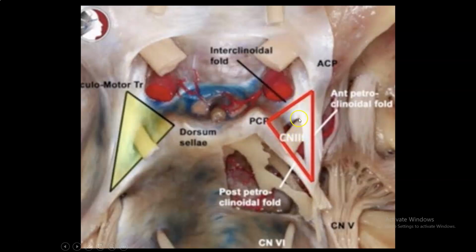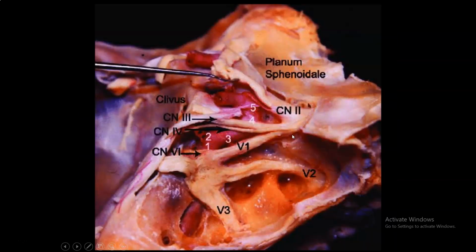The oculomotor nerve enters through it to the cavernous sinus. The trochlear is lateral to it, at the decussation of the free and attached borders of the tent. So the lateral angle of the triangle is the trochlear, and the central part is the oculomotor.